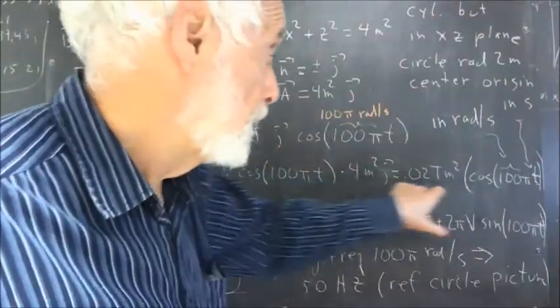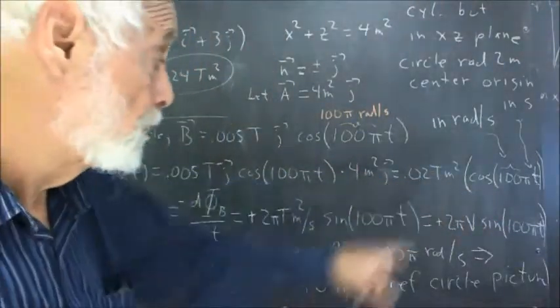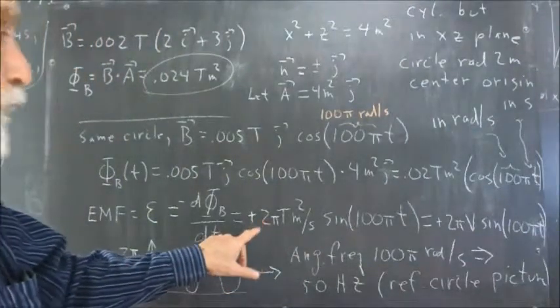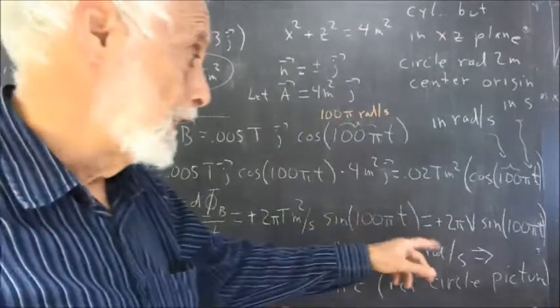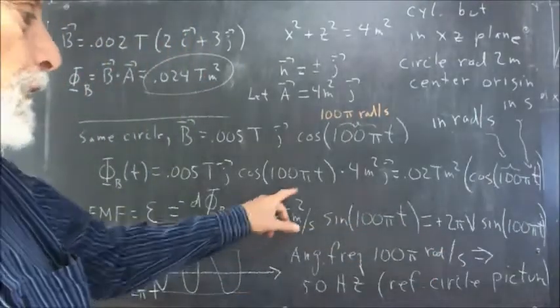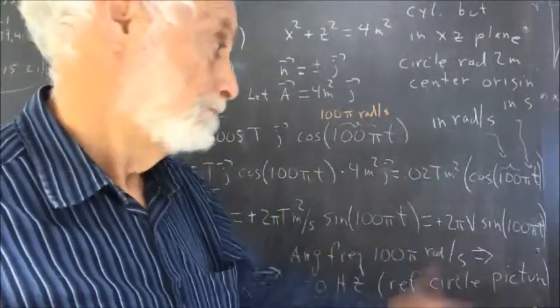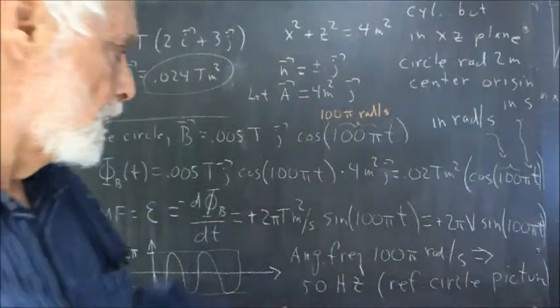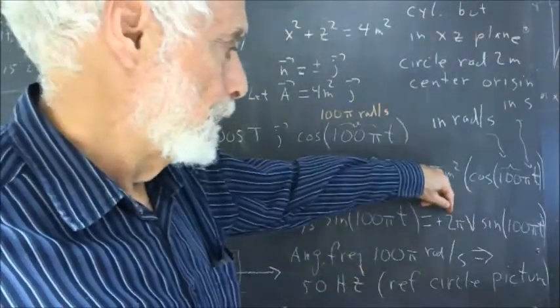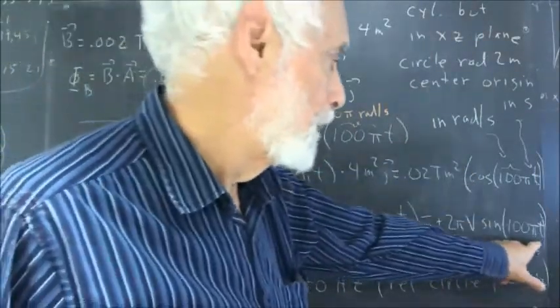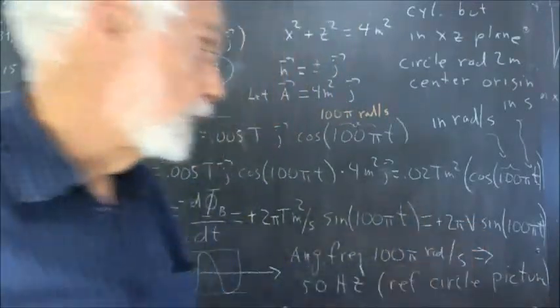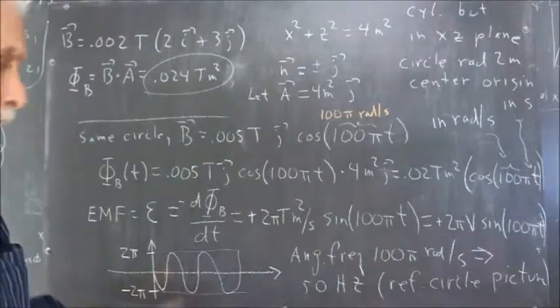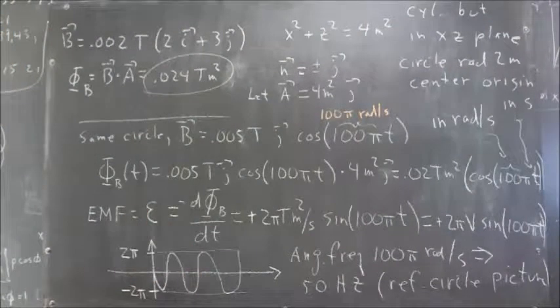Okay, 100 times 0.02 is 2. So we're going to end up with 2 pi Tesla meters squared per second times this sine. And a Tesla meter squared per second is a volt. So we end up with 2 pi volts times the sine of 100 pi t. 2 pi is about 6, so this is a little over 6 volts, a fairly typical voltage for a low voltage circuit.